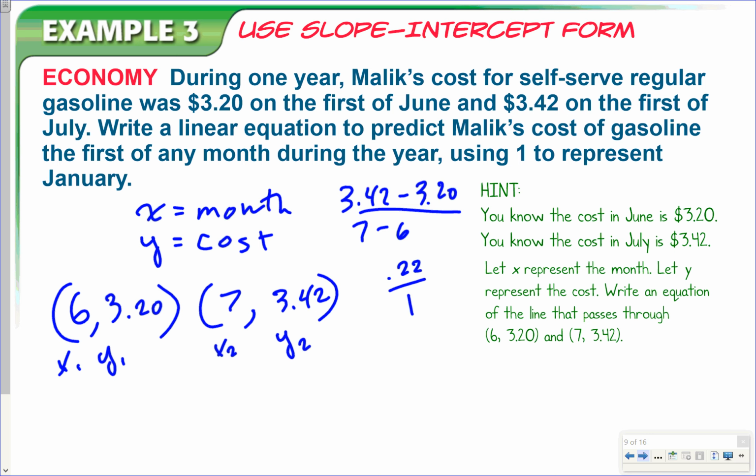Now let's say this, and everybody listen to me when I say this, because if you don't, it's going to mess up your whole problem. There are going to be times where your bottom number is not 1, okay? Do I need to get it to be 1? For example, if I had 10 over 2, could I use that as a slope?